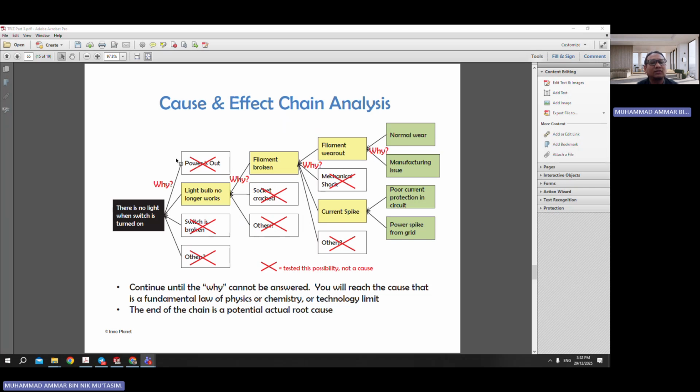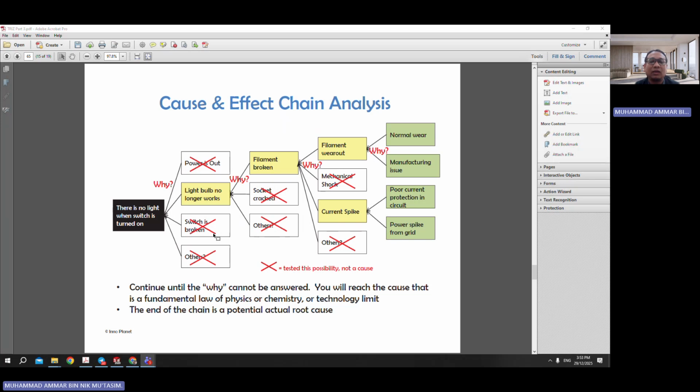So we will take a look at some of the consequences of it. Why does this happen? If we look at the power being out, we may say that the power in other classes is still on, so that will eliminate this from the issue. And we look at the other switches, possibly the air conditioning switch, and the switch on the aircon is turned on.